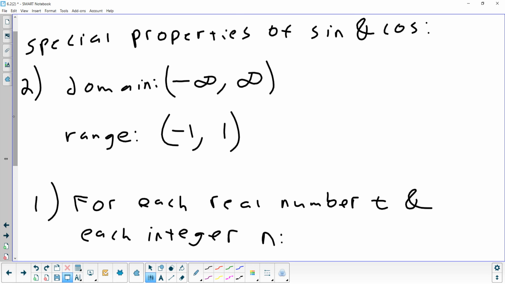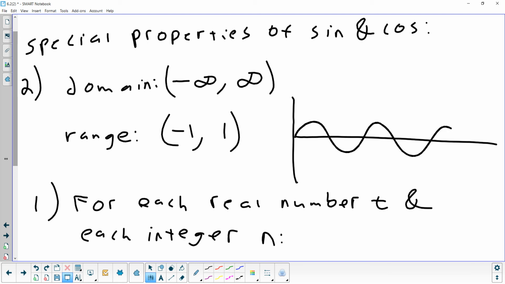For sine and cosine. All the other ones, we'll talk about those later on. I don't want to get into showing you the graph on the calculator right now, but basically, that's what the graph of sine and cosine both look like. They're always between 1 and -1. Any question on that?